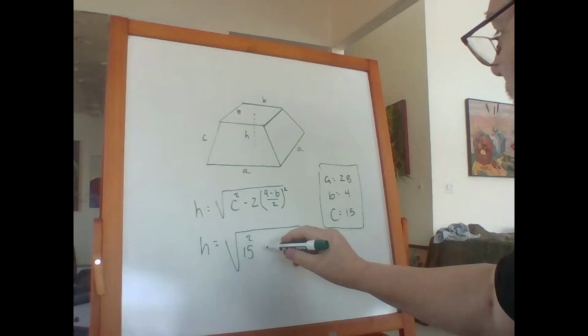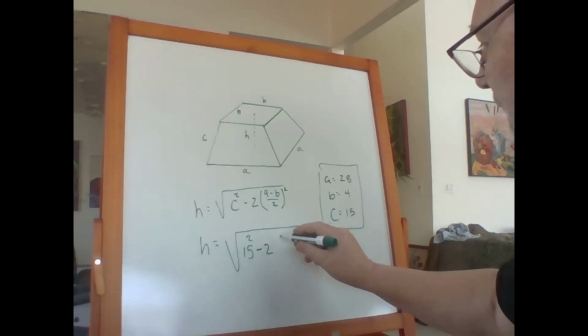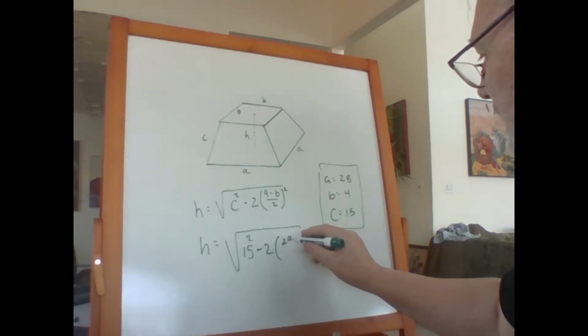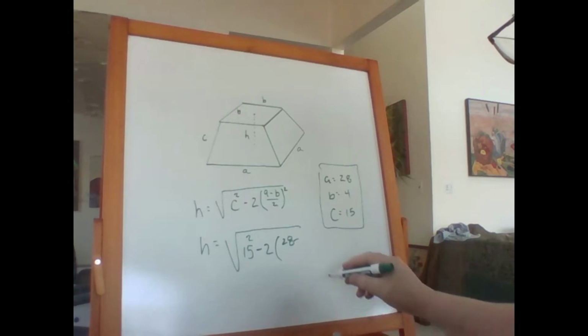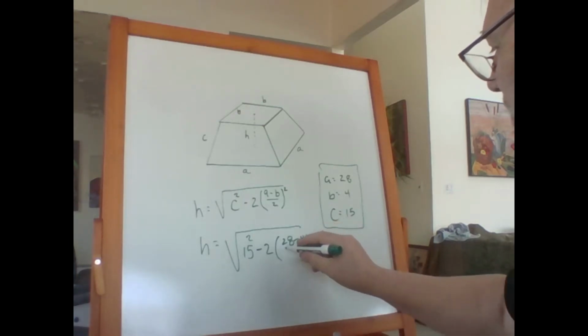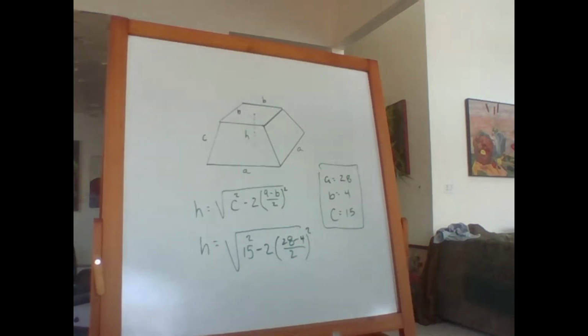And using these numbers, if we had a pyramid of this sort, 28 minus 4 on 2 squared.